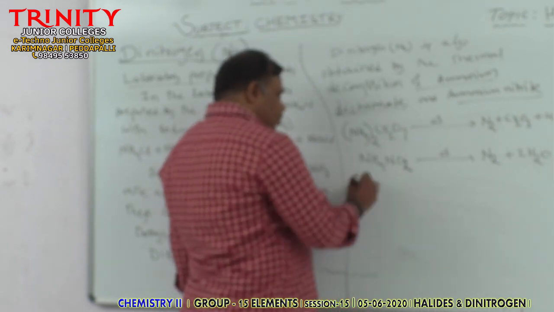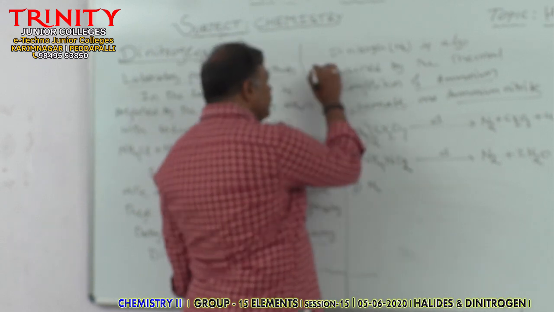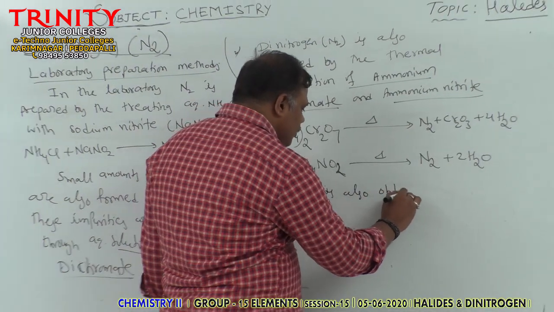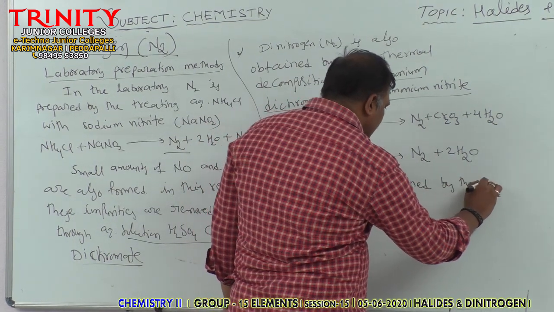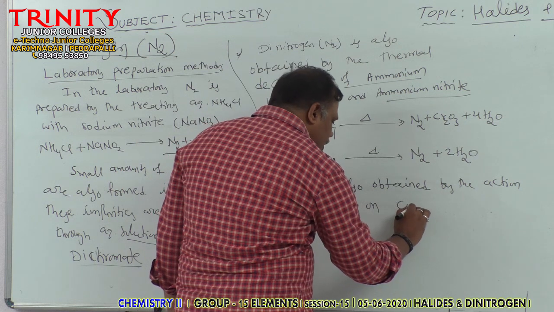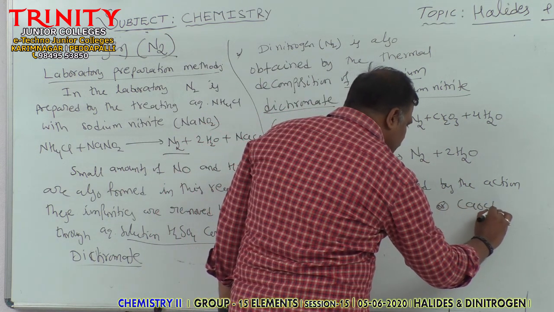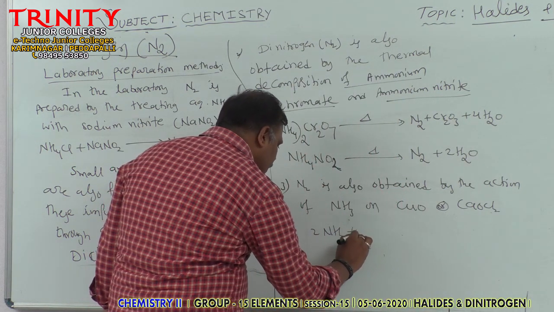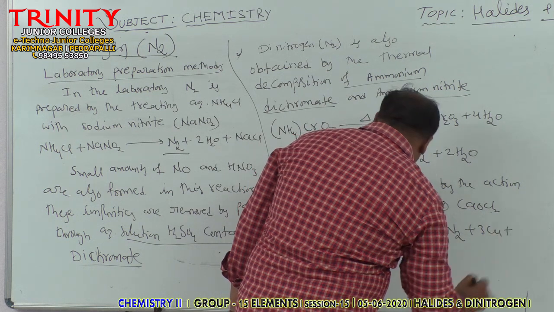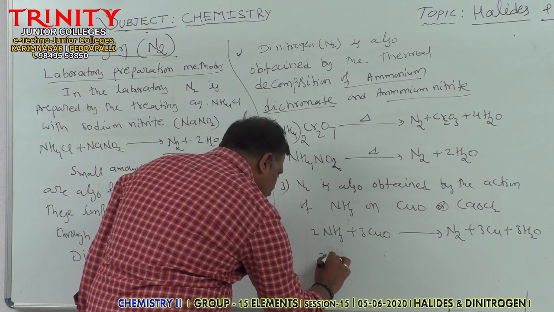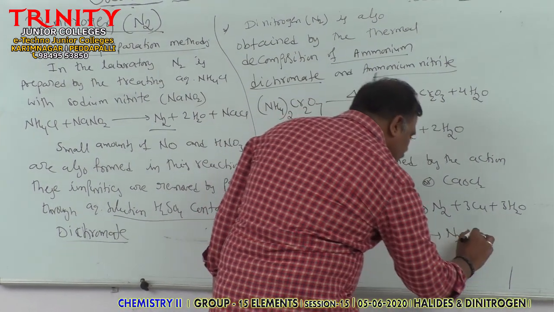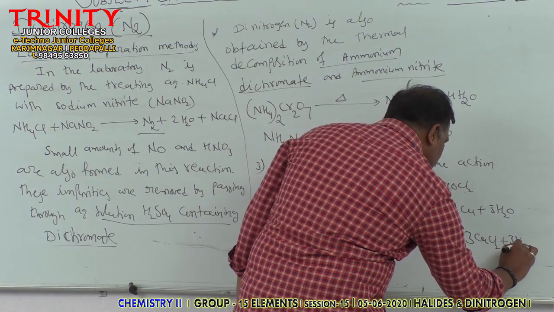Third method, N2 is also obtained by the action of NH3 on cupric oxide, CuO, or bleaching powder, CaOCl2. 2NH3 plus 3CuO gives rise to N2 plus 3Cu plus 3H2O, or 2NH3 plus 3CaOCl2 gives rise to N2 plus 3CaCl2 plus 3H2O.